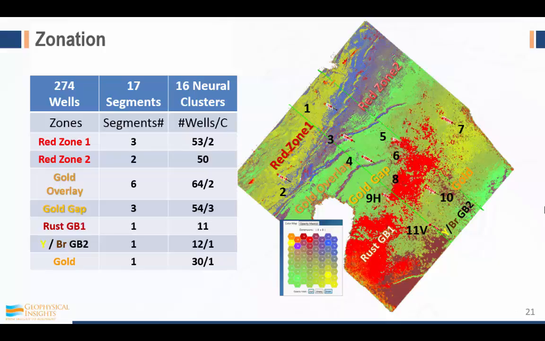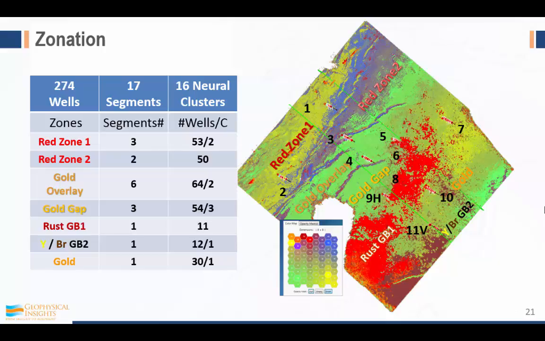There's a zone I called gold overlay, and that's where the gold overlays the downlapping red. There's a place, named later, called gold gap, because there is a time when the red by this time has lapped out, and the gold can be narrow, it can be thick, but these wells are all in gold gap, actually.